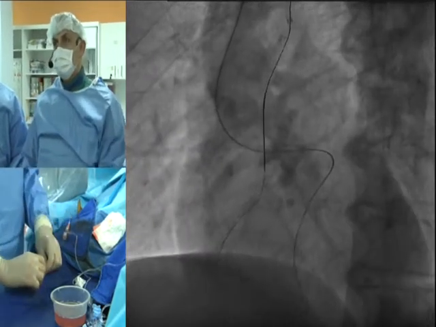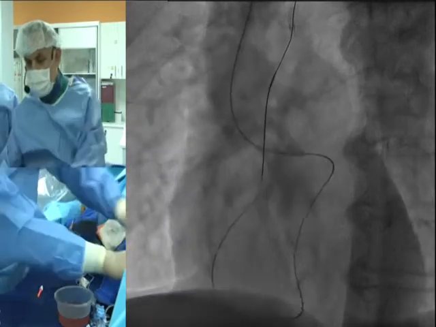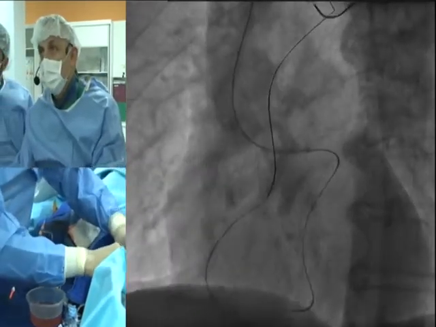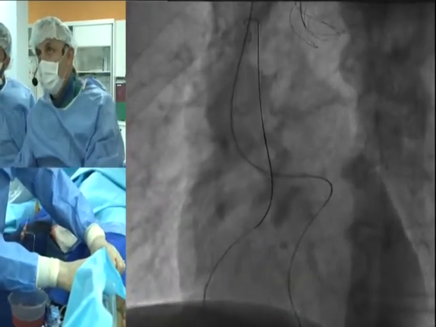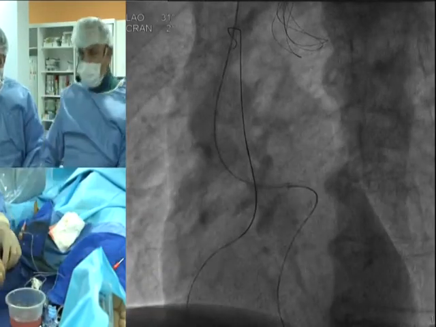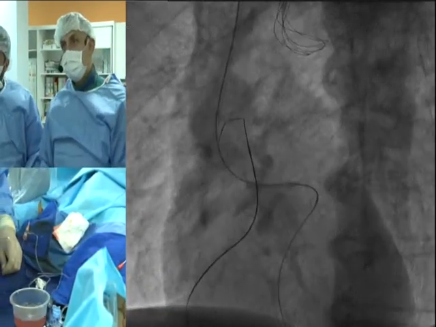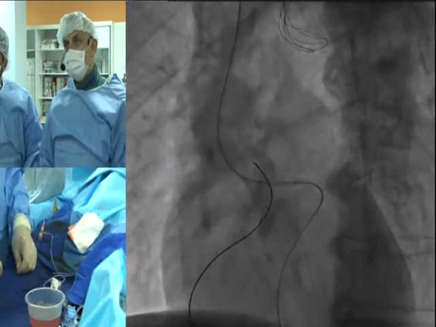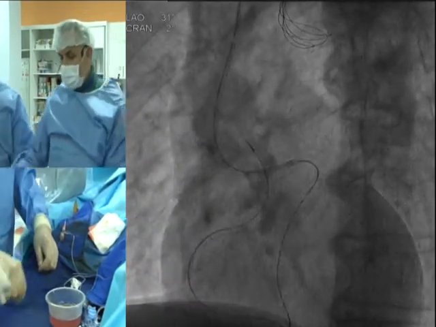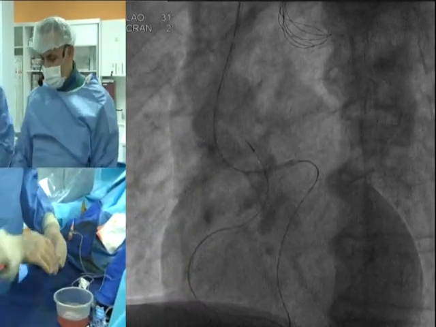Can I have RG, please? Now I'm removing my stiff wire here, which is a miracle. Then I will insert RG.